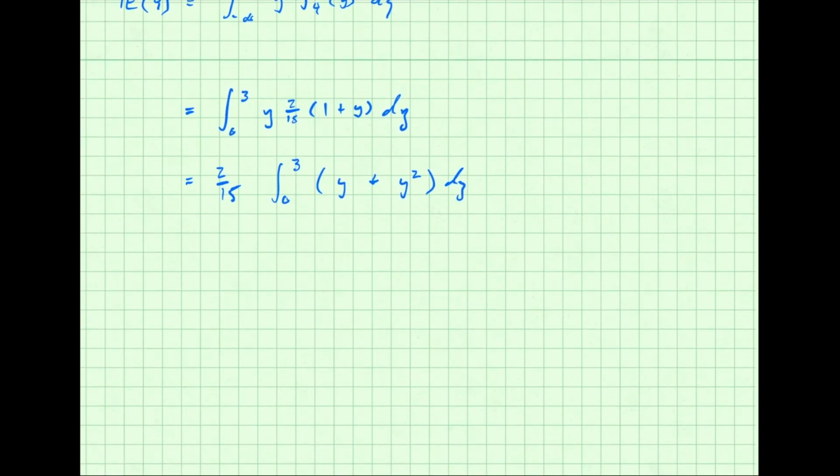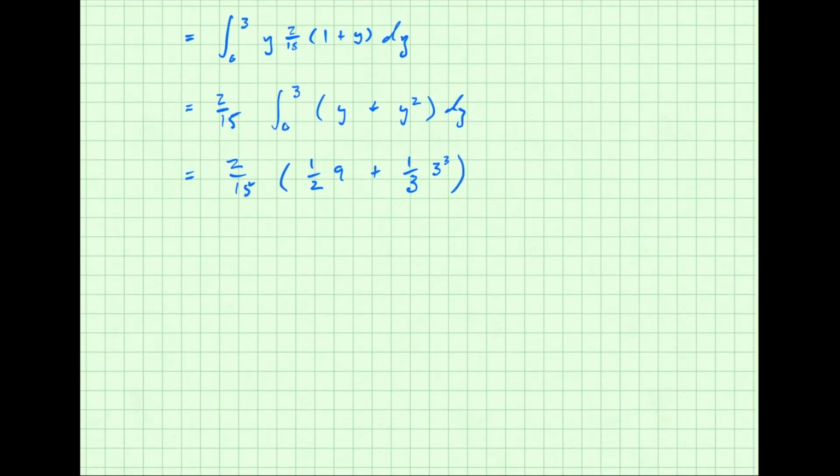And these integrals we've now done 5 or 6 times. 2/15. This becomes 1/2 times 9. And then this one becomes 1/3 times 3 cubed. So I'll write it that way because we're going to lose a power of 3 there.